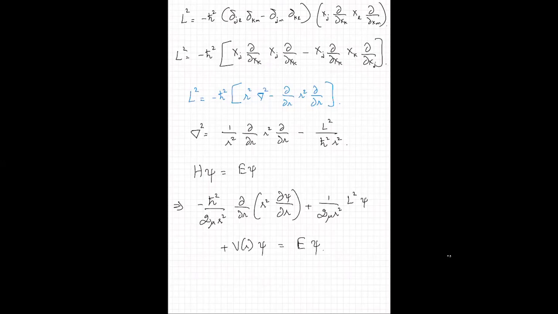This is my time independent Schrodinger equation for the central force problem, where I have written everything in terms of the operator DDR and the operator L square.